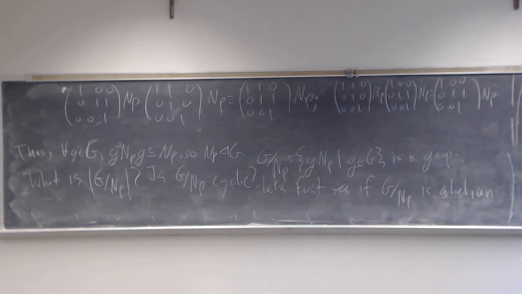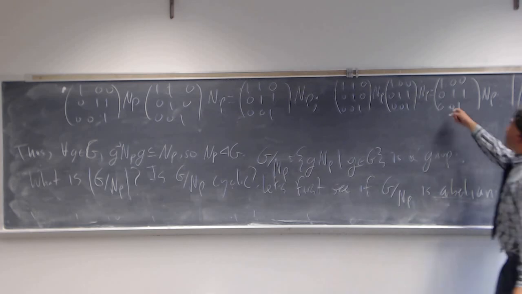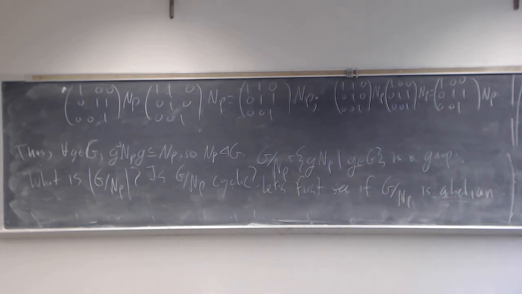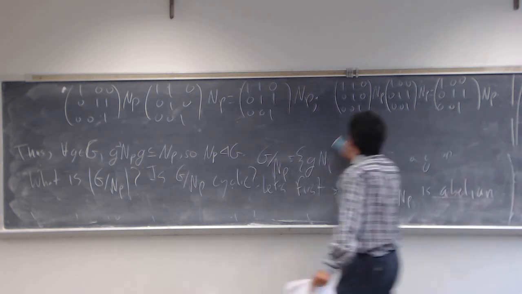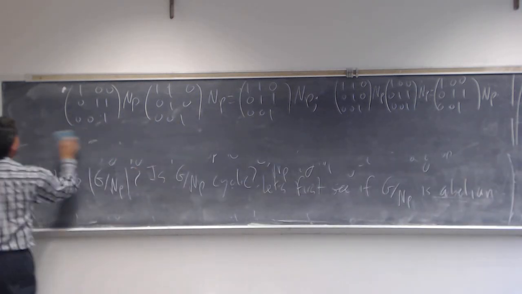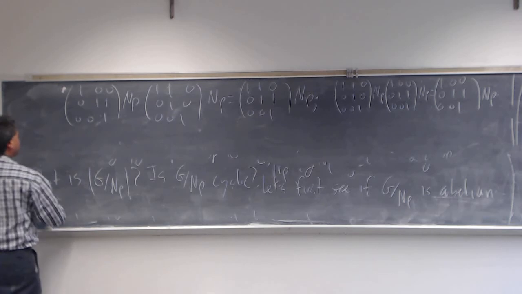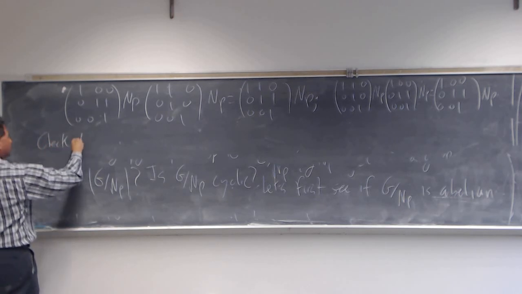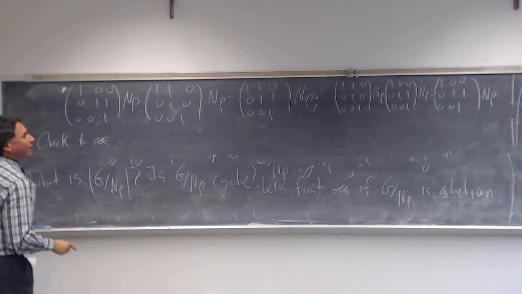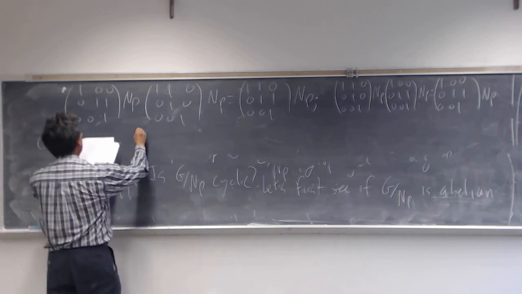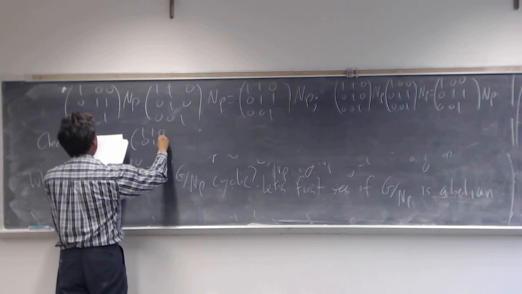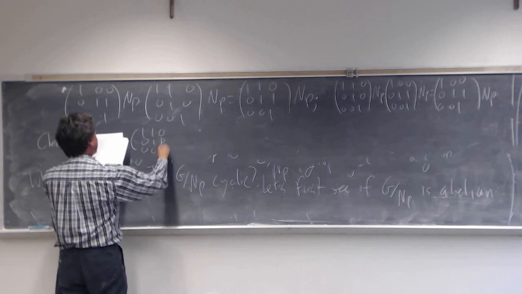So are these two cosets equal? Now remember, we can't just say, well, this is different than that. Just because two representatives are different, they may still give us the same coset. So how do we check that? What we need to do is test it.